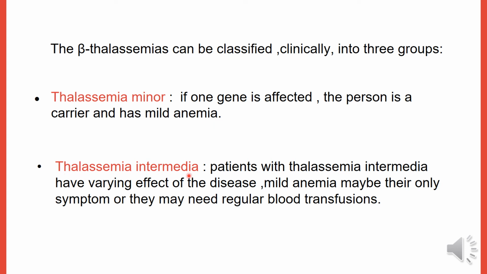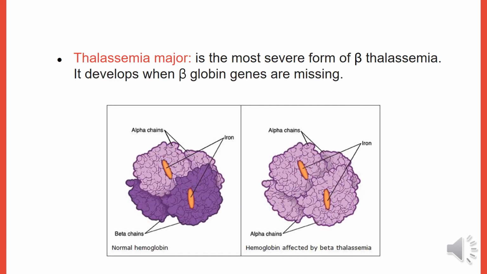Thalassemia intermedia. Patients with thalassemia intermedia have varying effect of the disease. Mild anemia may be their only symptom, or they may need regular blood transfusions. Thalassemia major is the most severe form of beta thalassemia, and it develops when the beta globin genes are missing.